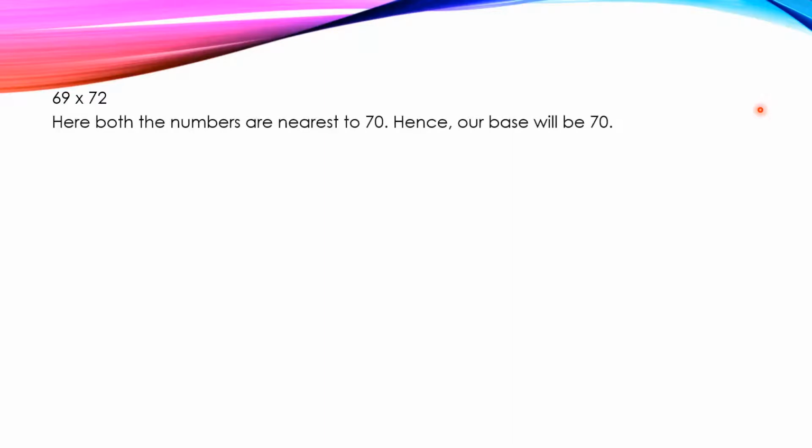Now can you solve 69 multiplied by 72? Yes, the correct answer is 4968. Let's see how. Here, both the numbers are nearest to 70. Hence, our base will be 70.